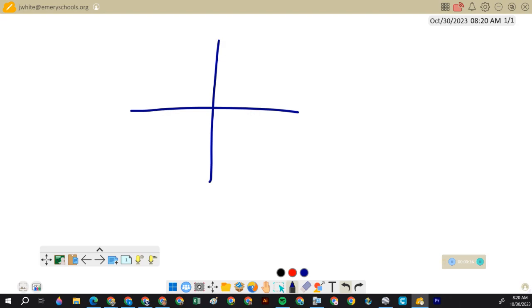And let's say I have a circle whose center is at 1, 2. And the radius of that circle is 3. So here's my circle. I didn't do a very good job. So the center is at 1, 2, and this distance here is 3.